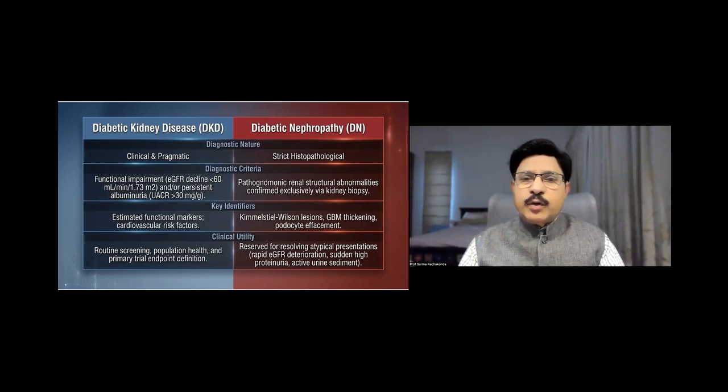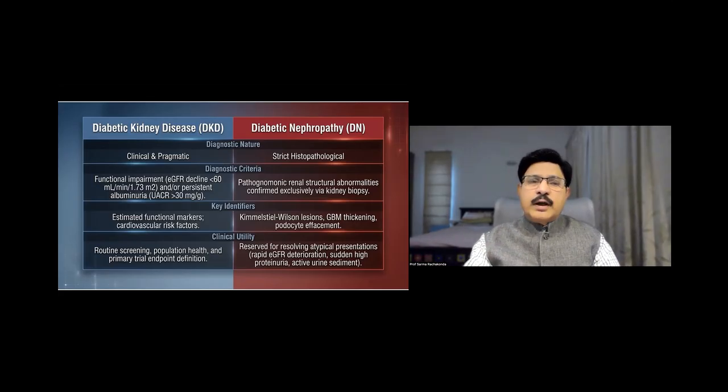Whereas diabetic nephropathy has pathognomonic renal structural abnormalities confirmed exclusively by kidney biopsy. There are three important areas: the basement membrane, the mesangial matrix, and also the nodules. We will see them in the next slides. That is the histopathological diagnosis.